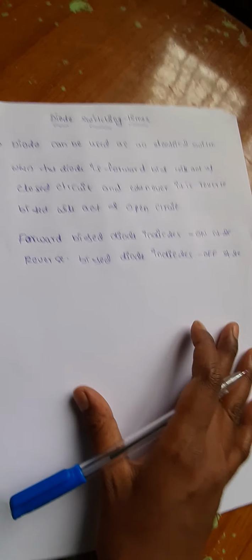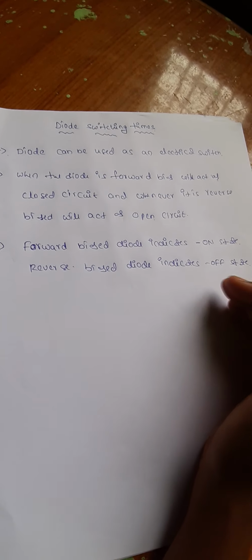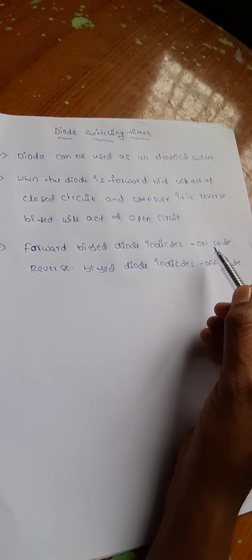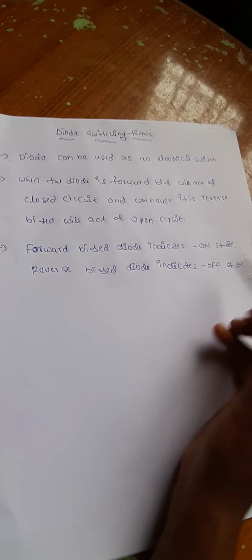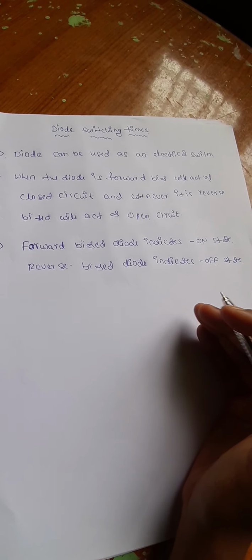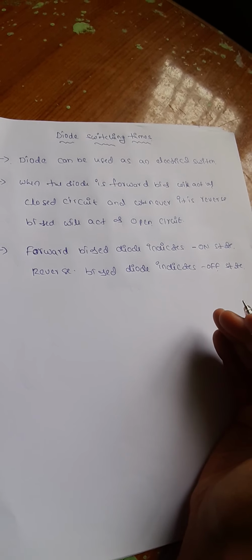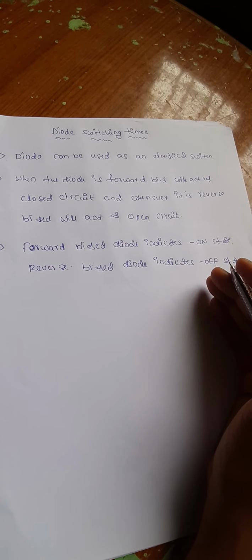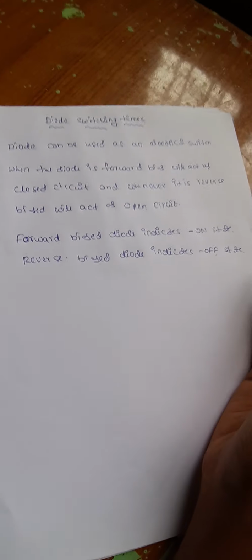To change from the on state to the off state and from the off state to the on state, we require some amount of time. Ideally there is no time required to change from a forward bias to a reverse bias diode, but in the practical sense there is a requirement of time to change from the on state to the off state and from the off state to the on state.